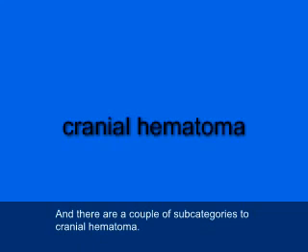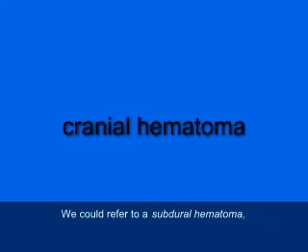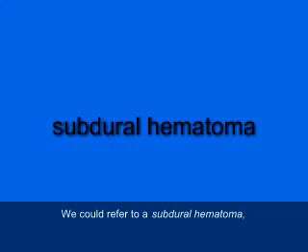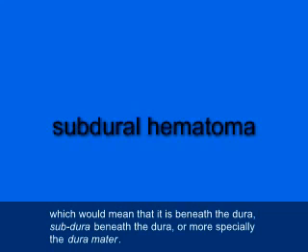And there are a couple of subcategories to cranial hematoma. We could refer to a subdural hematoma, which would mean it is beneath the dura, subdura, beneath the dura, or more specifically, the dura mater. And the other type of cranial hematoma would be one that is above the dura mater.